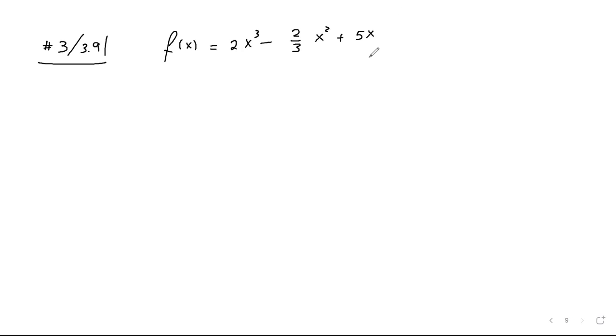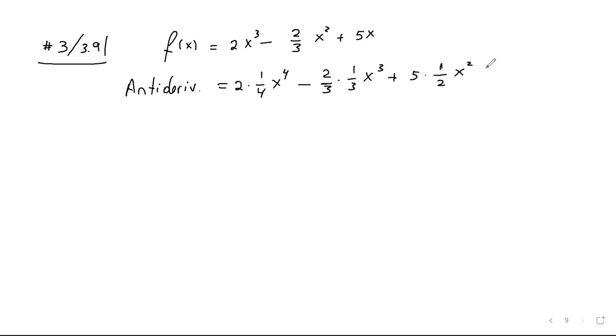All right, so the antiderivative is 2 times, for x cubed, 1/4 x to the 4, minus 2/3 times, for x squared, the antiderivative is 1/3 x cubed, and for 5x, 5 times the antiderivative of x is 1/2 x squared, plus a constant c.